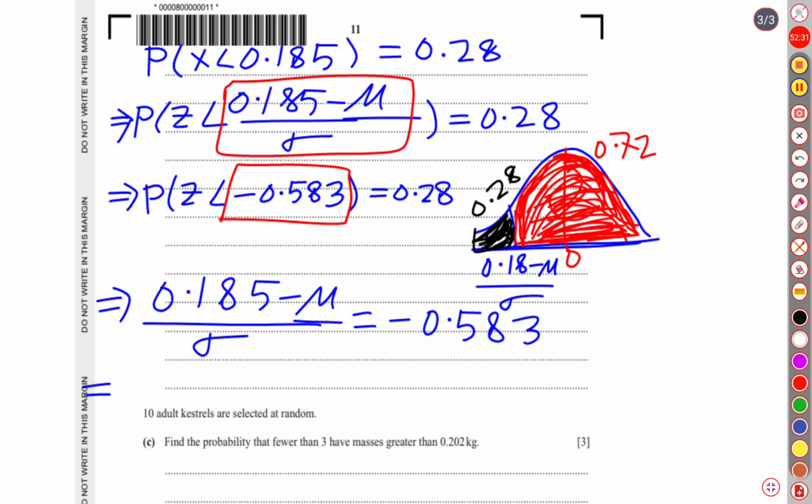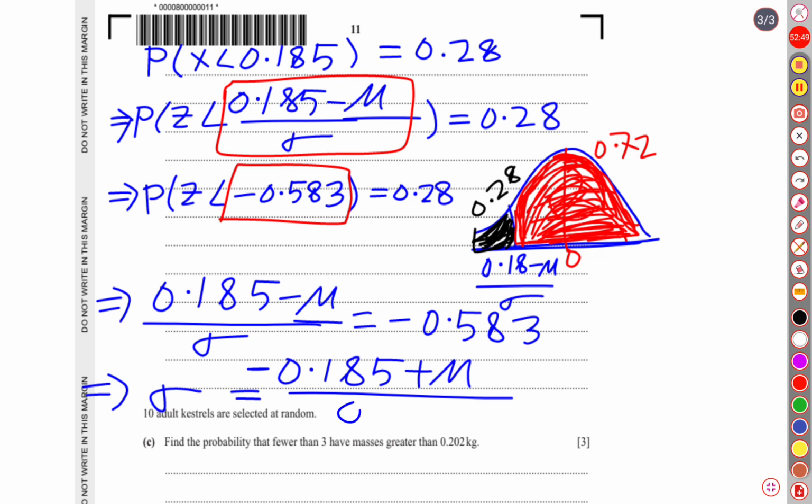If we isolate our sigma, it is going to be finally (0.185 minus mu) over, yes, we'll have to interchange the symbol, negative becomes positive, 0.583. It is equation number 2. We have formed two simultaneous equations.